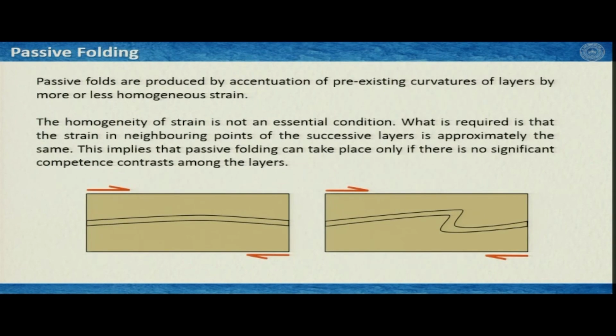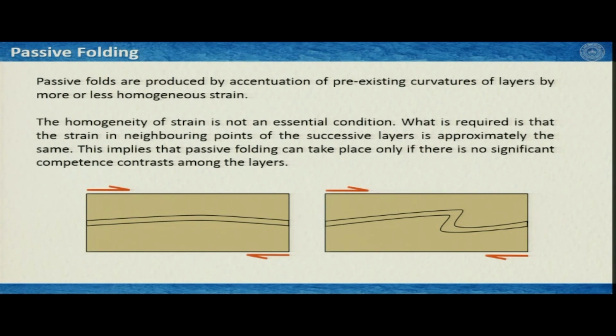The last one in this classification is passive folding, and we have already given an example of the passive folding. So, passive folds are something that are produced by accentuation of pre-existing curvatures. This is very important. If you have a straight line or straight bed, you cannot produce a passive fold.